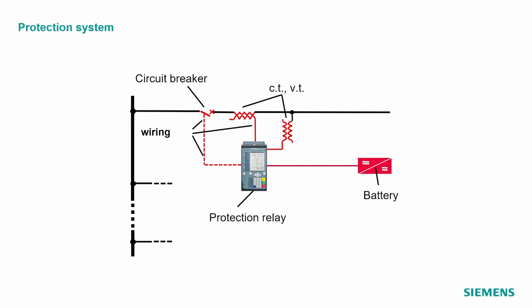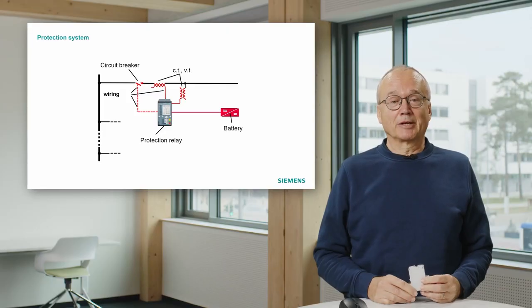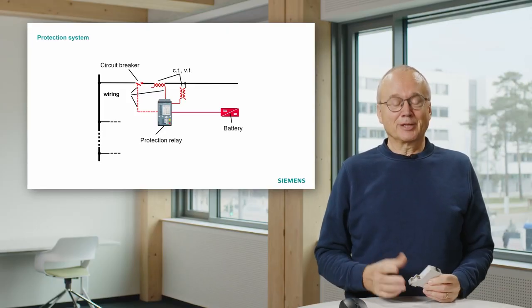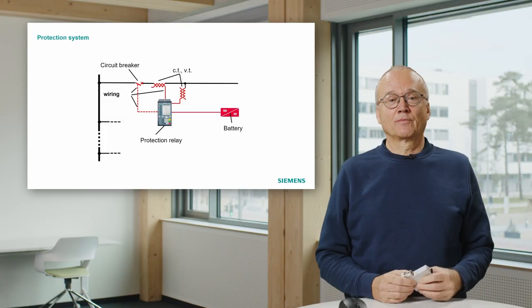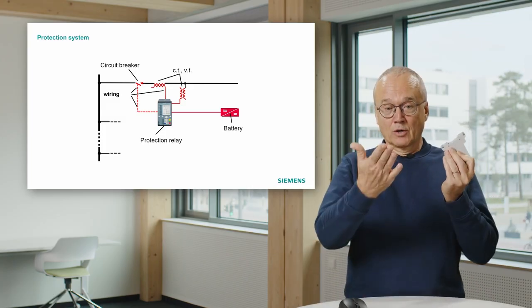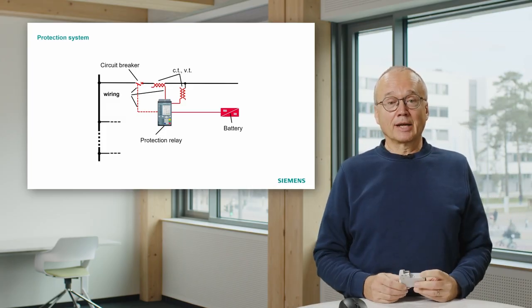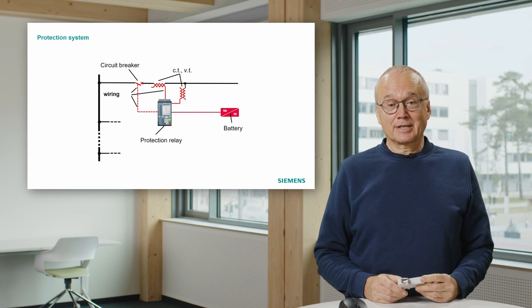We can compare this arrangement a little bit with what you know from your home. This is an MCB you have at home, and this one does protection for your low voltage system at home. And it's worth looking at the differences. What does this one do? What does our protection relay do in a substation?